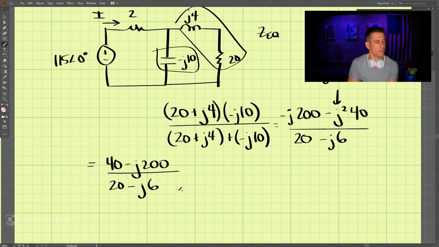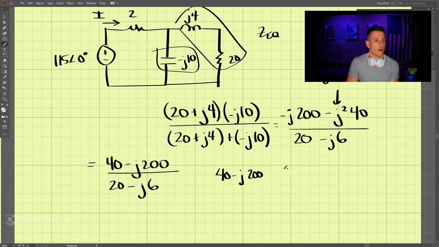Okay. So let's simplify. Let's put these in polar coordinates. So 40 minus J times 200, J200.